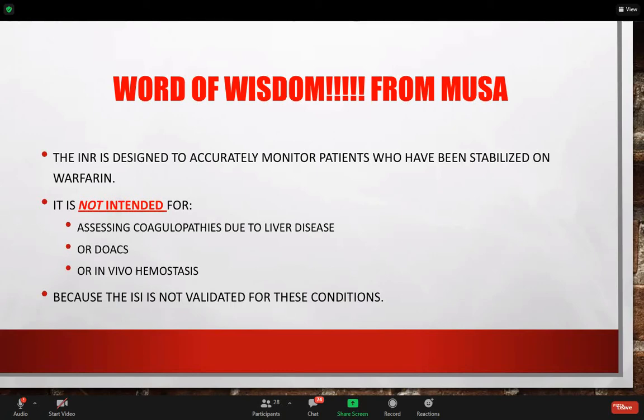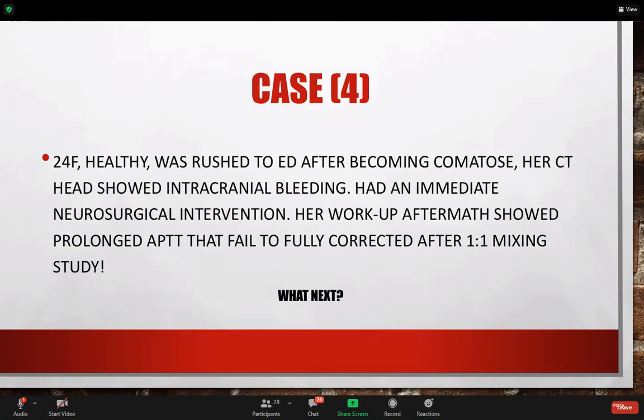It's not meant to assess hemostasis. It's not meant to assess the direct oral anticoagulant medications. It's only for warfarin. PT and PTT, yes, you can assess the coagulopathy, the hemostasis, as well as a bleeding disorder. Okay, so case number 4, guys.